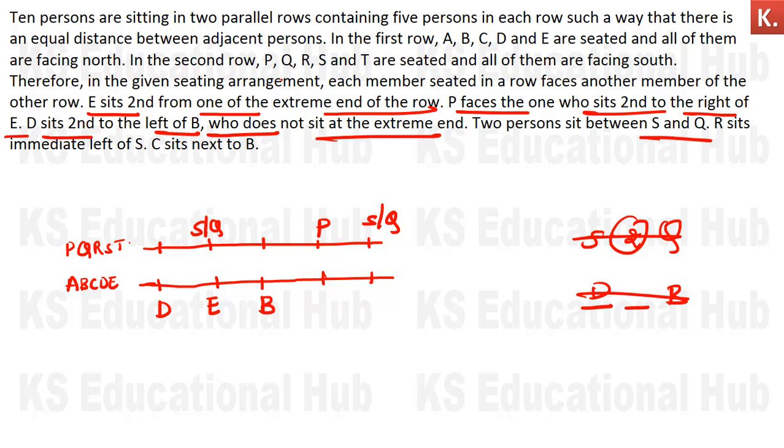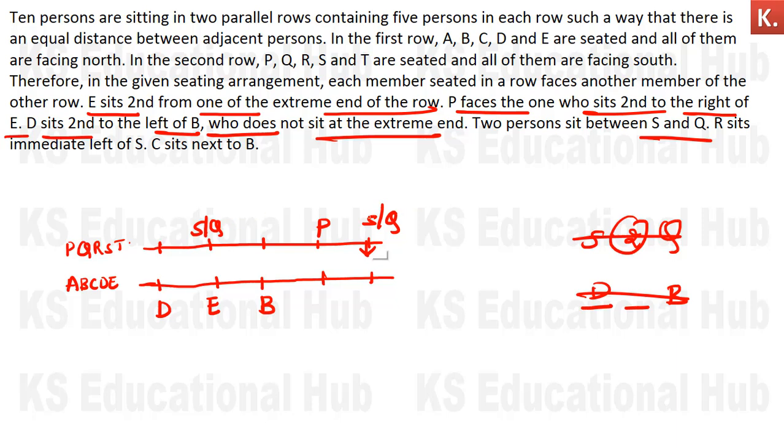R sits immediate left of S. So R is going to sit immediate left of S. See here, if S is here, this particular person is facing towards the south direction. This person's left is this, right? So R cannot be here because there is no place at all. So that means it is very clear that S is not here.